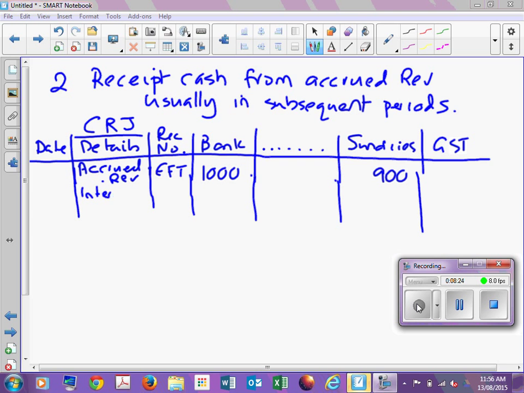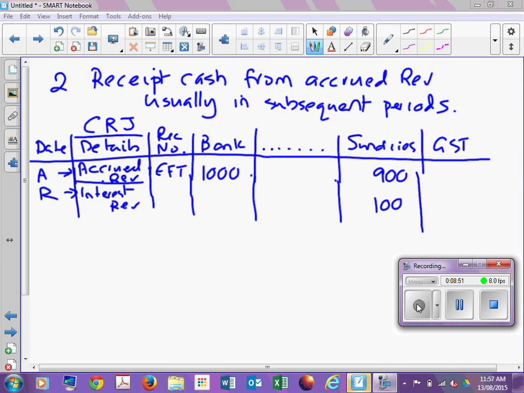In the same transaction though, sometimes some of that revenue is current. That has to be recorded separately because it's revenue. This one up here is an asset. This one here is a revenue. So that's why we have to have two separate numbers.